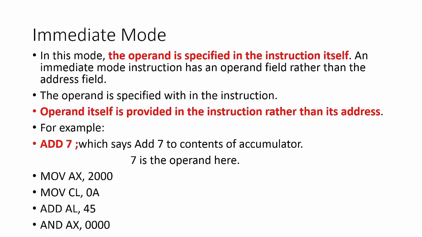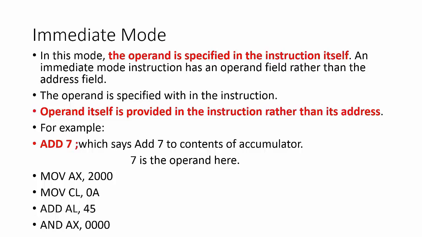So let's start with the immediate mode. In this mode, the operand is specified in the instruction itself. An immediate mode instruction has an operand field rather than an address field. As I already told you, an instruction is divided into two parts, one is the opcode and the other is the address.